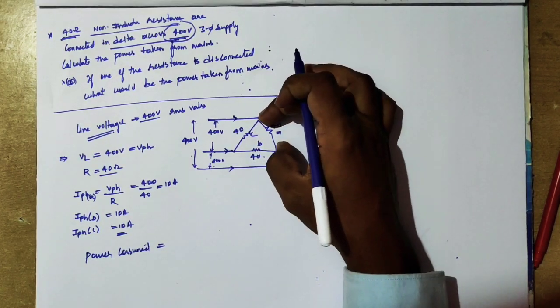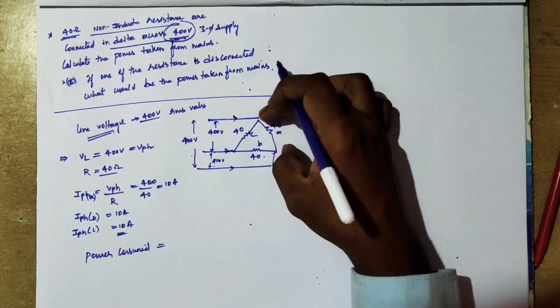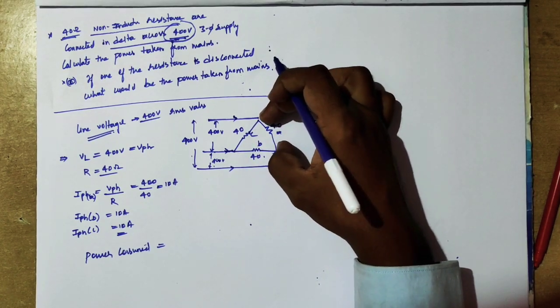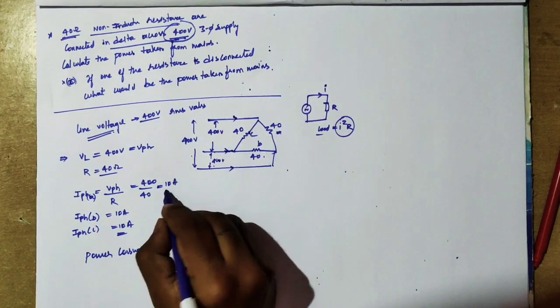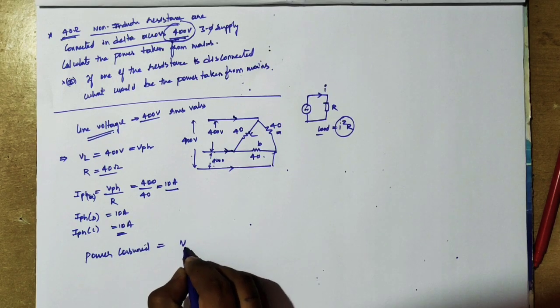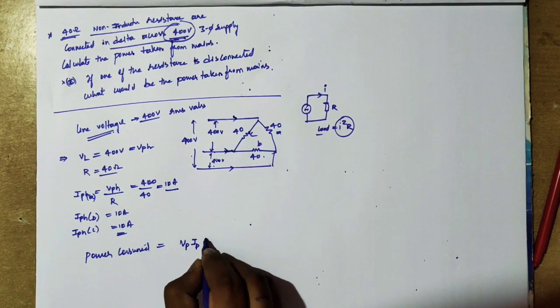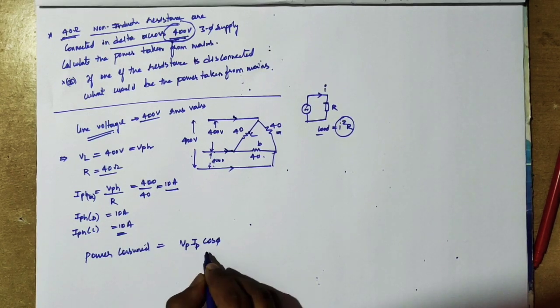So the power consumed by this load, and this load is the voltage across this load and current through this. Okay, the voltage across this is 400 and current flowing is 10 amp, and so simply we have V phase, I phase, V I cos phi. So the active power consumed, V I cos phi.